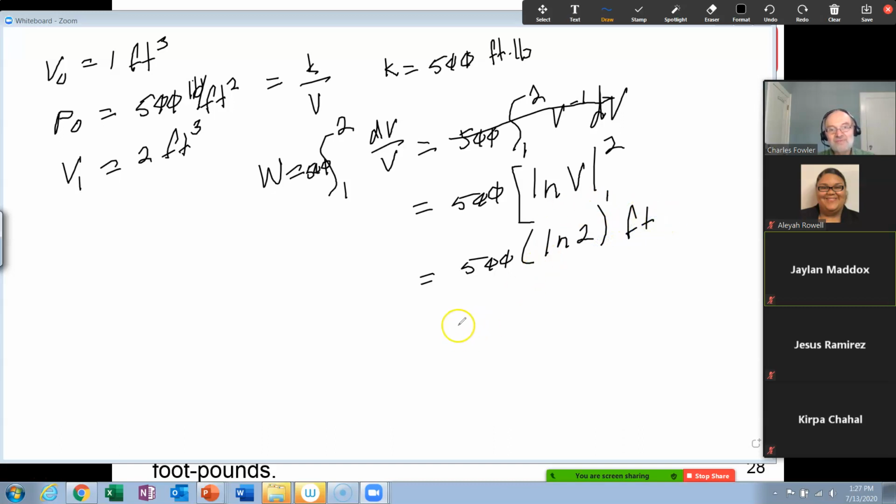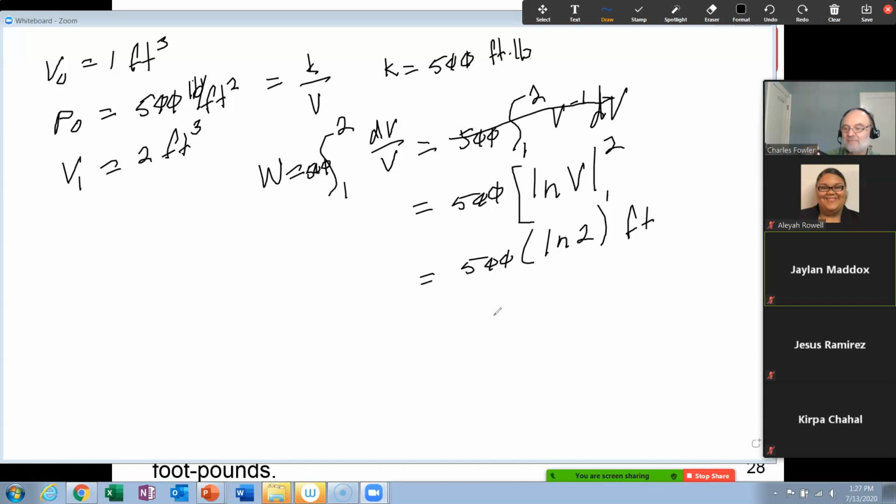Log 2 has no units to it, and if you have your calculator, let me see if it works. I have to turn it sideways to get the log to come up. Not coming up, and I'm about to drop my pen. Okay, I can't get the calculator to go sideways.